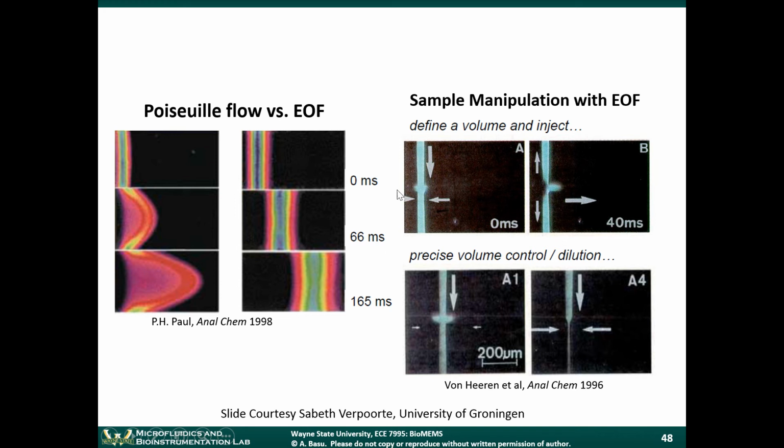But this consists of a channel that goes lengthwise like this, and there's a vertical channel here. So what they did here is they have their sample coming in, going through the channel. The first thing they do is place a voltage in the vertical direction. Positive voltage here, negative voltage here, and that causes the sample to just load into this upper channel like this.